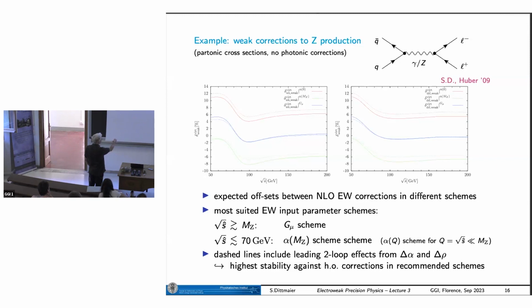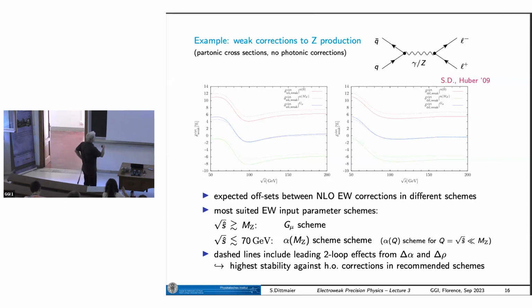This would be ideal, which is exactly what the G mu scheme is providing, where I interpret the couplings simply as truly weak couplings, let's say. So for the high energy tails also here, the G mu scheme is doing the best job, which is exactly what my game with the universal corrections is suggesting. If you go far below the Z resonance, actually it's more a process that is dominated by photon exchange.